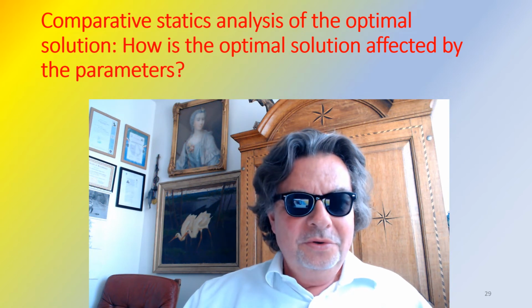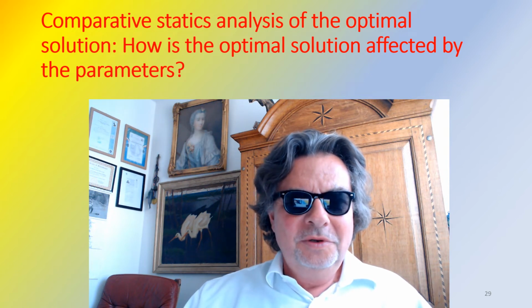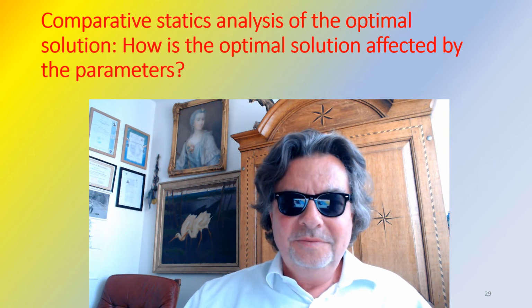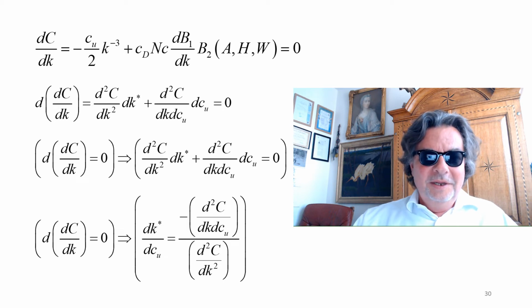Now it's time for comparative statics analysis of the optimal solution. The question is, how is the optimal solution affected by the parameters? In comparative statics analysis, we look at the first order optimum condition, and we look at some change in some parameter.